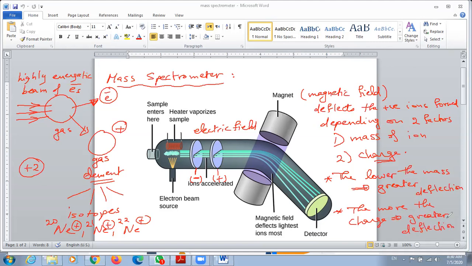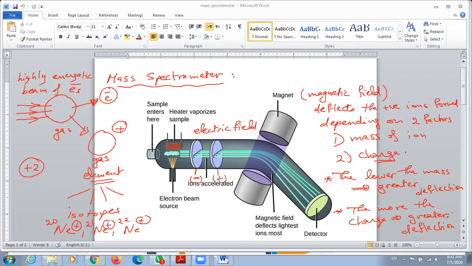Okay, Matthew? Yeah, but I have one question. Yes. Why do you need to subject the sample to a highly energetic beam of electrons? Because it doesn't seem like it has any use.